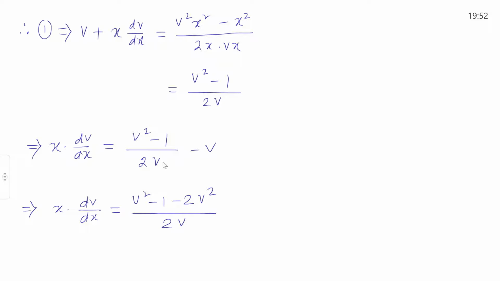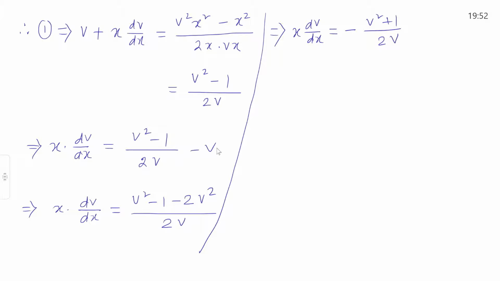So v square minus 1 and minus 2v square, so finally we get x dv dx is equal to minus v square minus 1, so minus is common and the numerator is v square plus 1 divided by twice v.